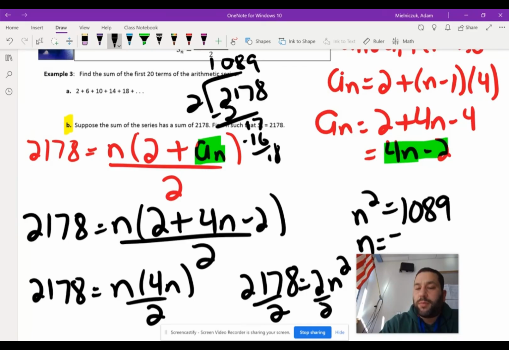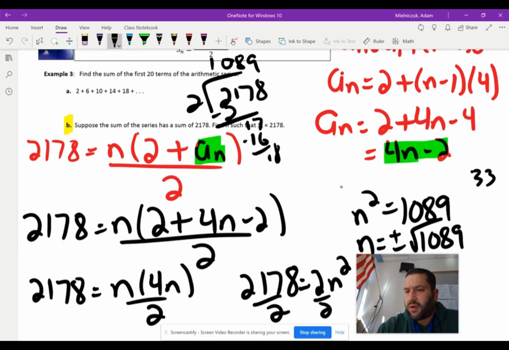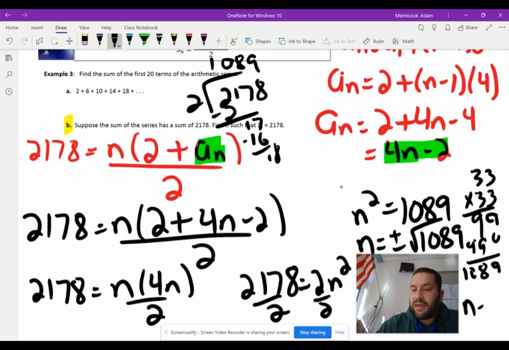Therefore, n will equal plus or minus the square root of 1,089. Well, what is the square root of 1,089? I think it's 33, but let me double check. 33 times 33 will give me 1,089. So we can say here that n is equal to 33.